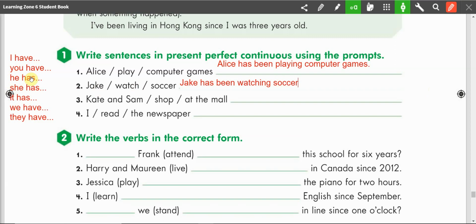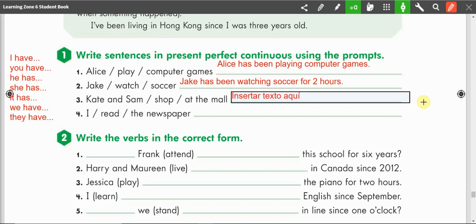Now let's give it a time. How long has he been watching soccer? So it's an amount of time. So for, and let's say 2 hours. So Jake has been watching soccer for 2 hours. There you go.